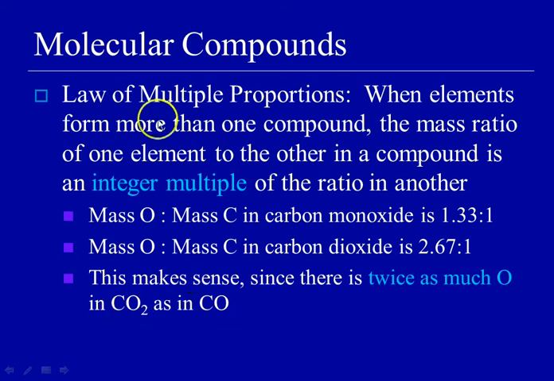And the thing that this law talks about is that if we compare the mass of O, oxygen, and the mass of carbon, it exists in a ratio that looks like this. Roughly twice as much oxygen than carbon, hence the formula CO2. Carbon monoxide is a different carbon-oxygen compound. It exists in just a 1-to-1 ratio, so that formula is CO.